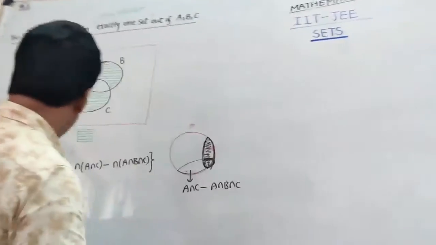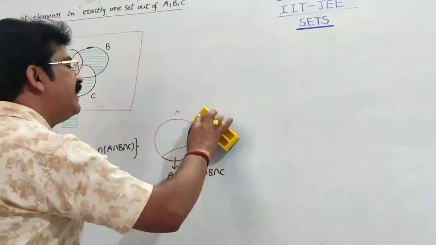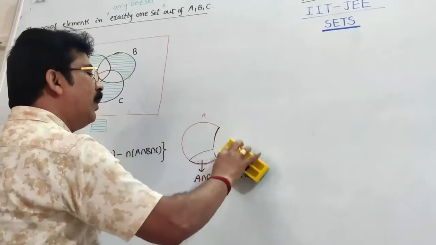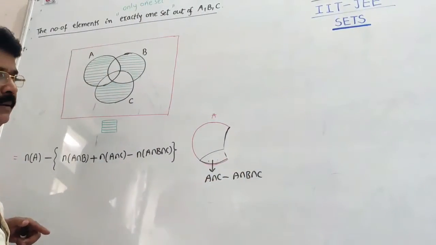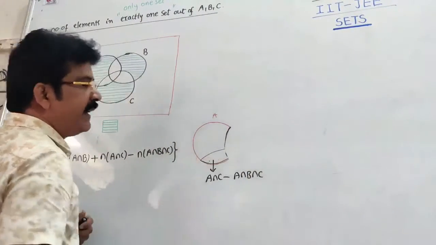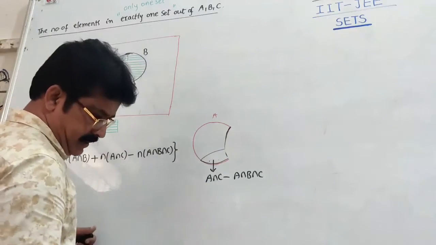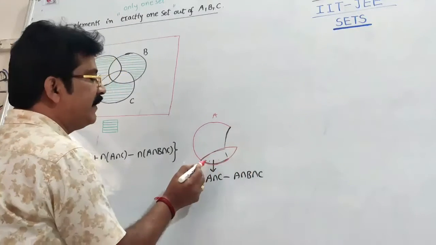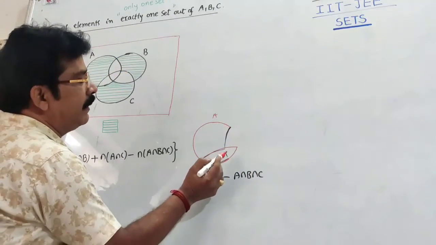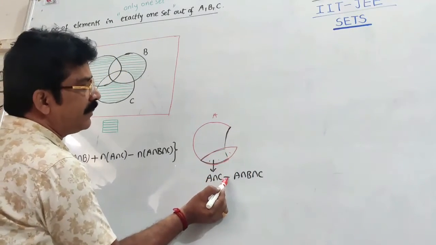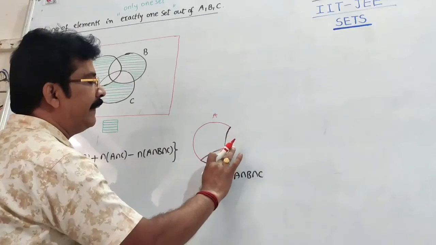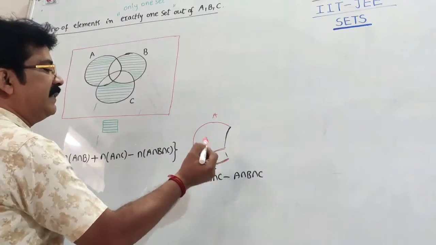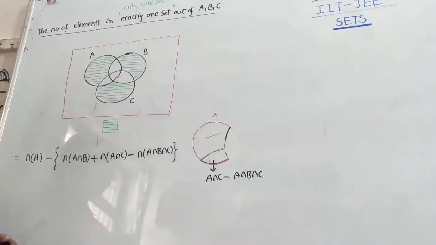First A intersection B we are deleting. Later only this area. This area is A intersection C, but we don't want this, that's why subtract like that. So this minus this is equal to only A.